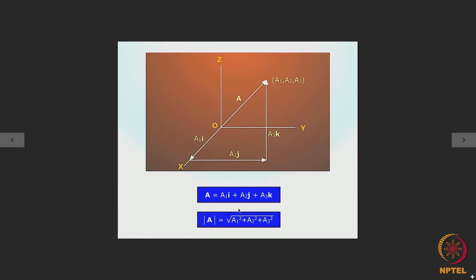So, a vector A can be written as A1i plus A2j plus A3k, and the magnitude of the vector A is equal to root over A1 square plus A2 square plus A3 square.